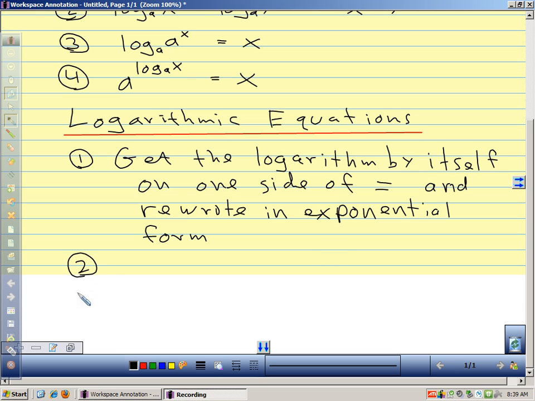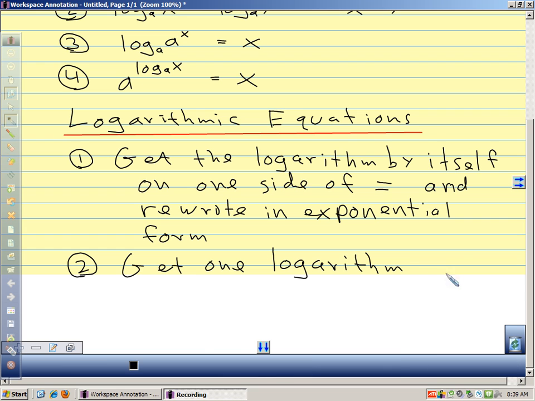The second way we'll solve logarithmic equations is to get one logarithm of the same base on each side of the equation. They have to be of the same base. That's important.